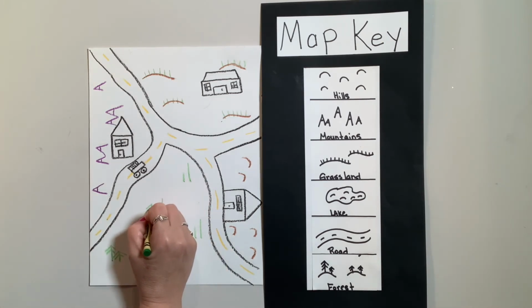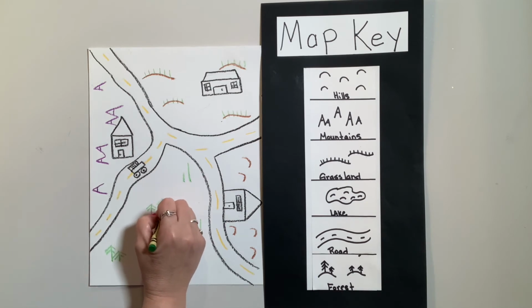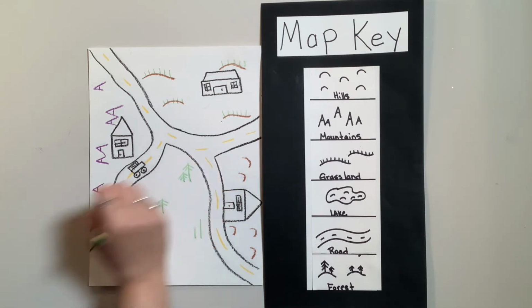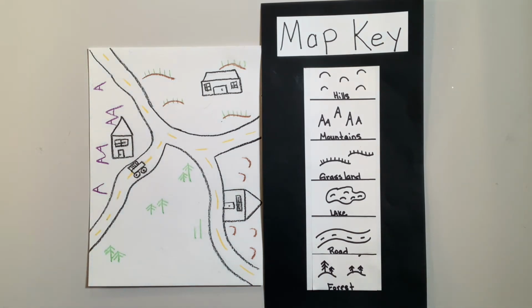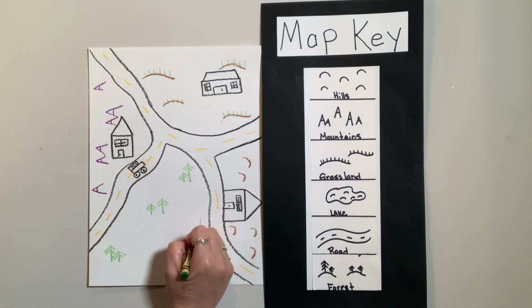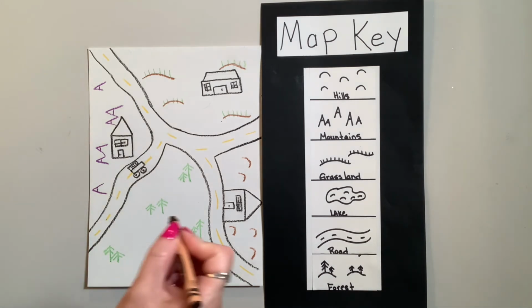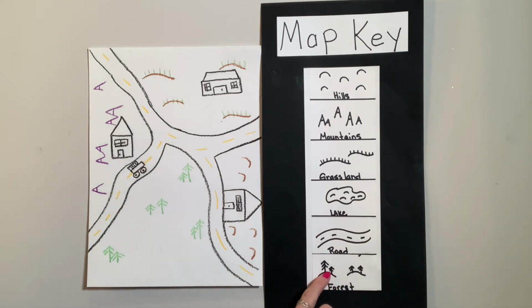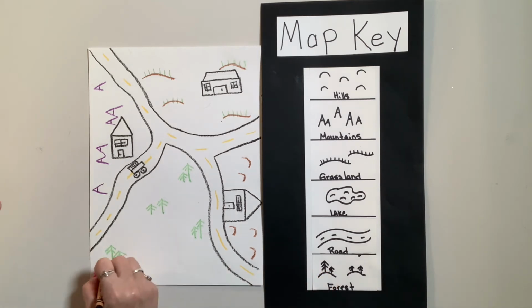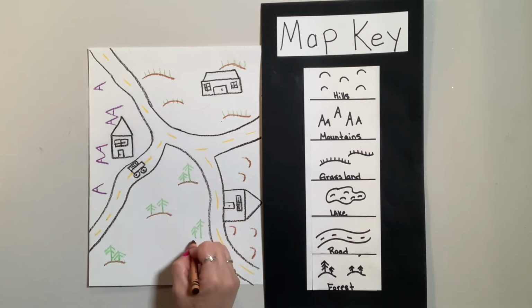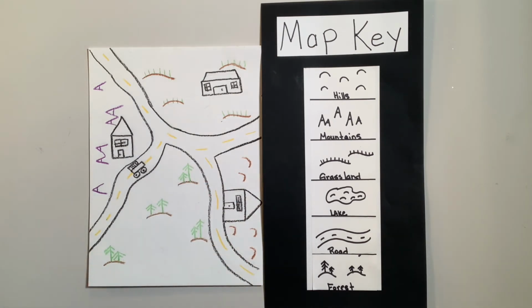And I'm going to put my diagonal lines on each side of my trees. Let's do that now. Good job. You might even want to take your brown crayon. If you see here on my map key, I also made the ground. And there we go, just like this.